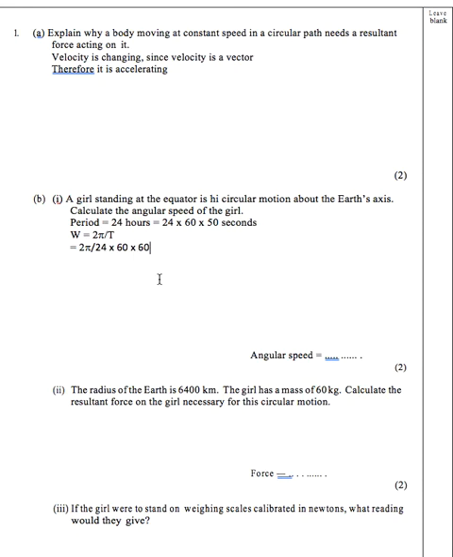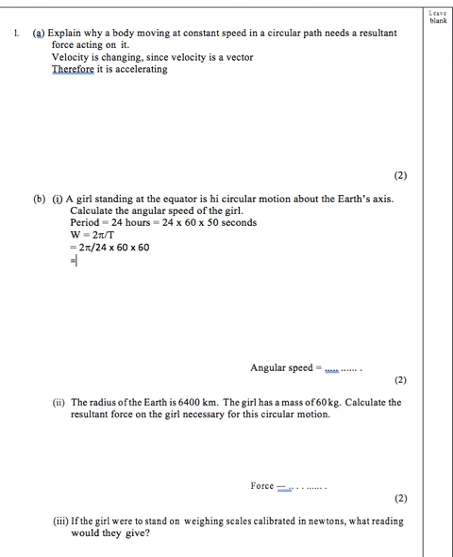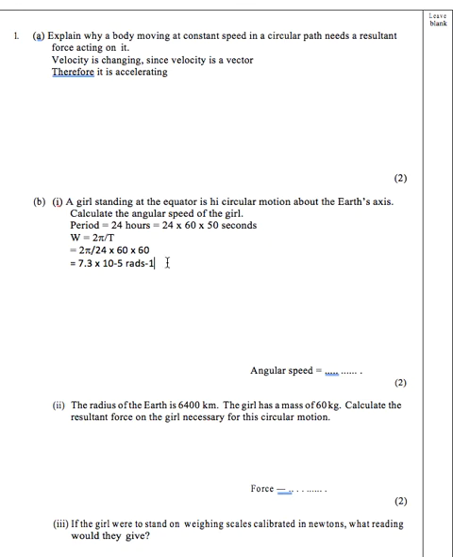Okay, and that will give us the answer 7.3 times 10 to the minus 5 radians per second. So there's my per second there, and my 10 to the minus 5 there. So there it is.